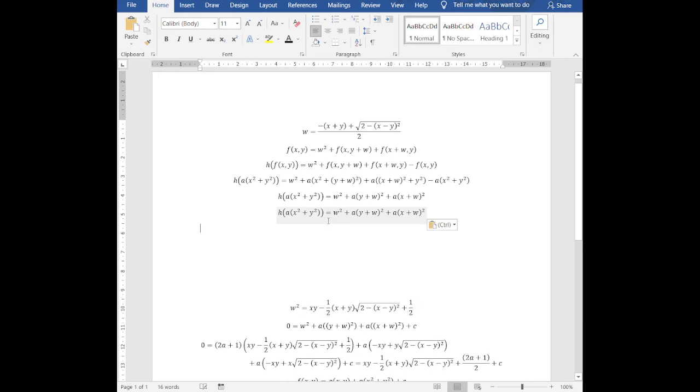I'm then going to expand out this. So I'm going to take w squared plus 2yw plus y squared. And at the same time, I'm going to do x squared plus 2xw plus w squared.